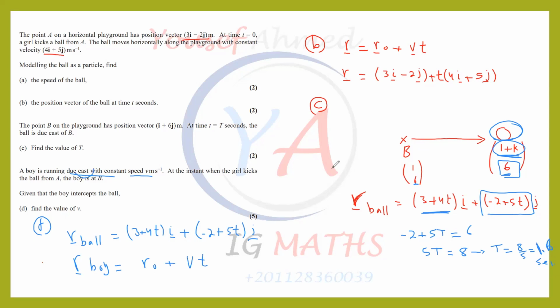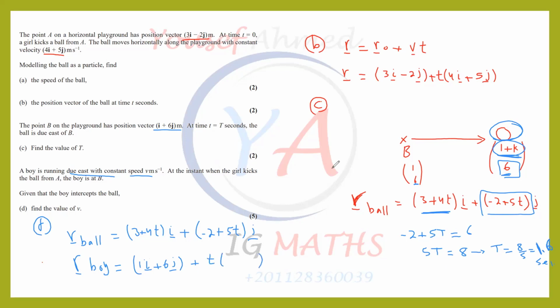So r node, which is point B, is 1i plus 6j. This is the position vector for point B, as mentioned in part C. And then the time is t multiplied by the velocity.